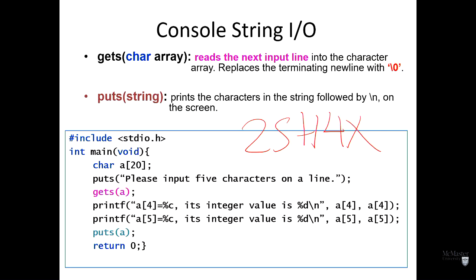Or let's say I just do A, B, because I don't know the ASCII of 4 and X.